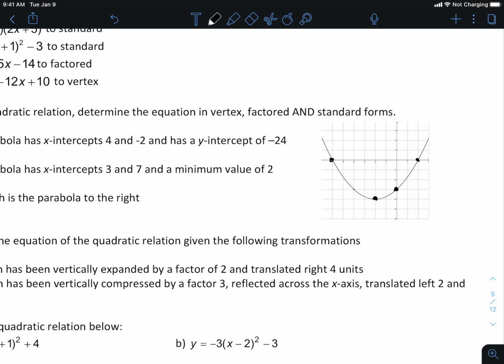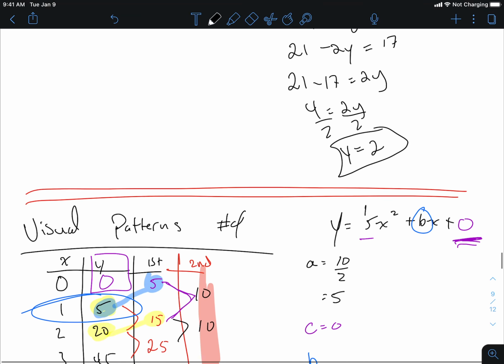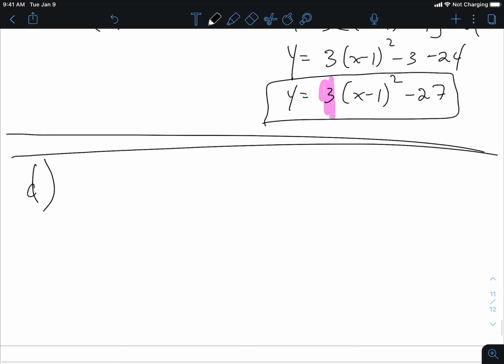So let's go down. What's the vertex in this question? -2 and -4, right? Does everybody agree? Okay. So let's say the question gave us a vertex of -2, -4, but it also told us other information about the graph too, right?